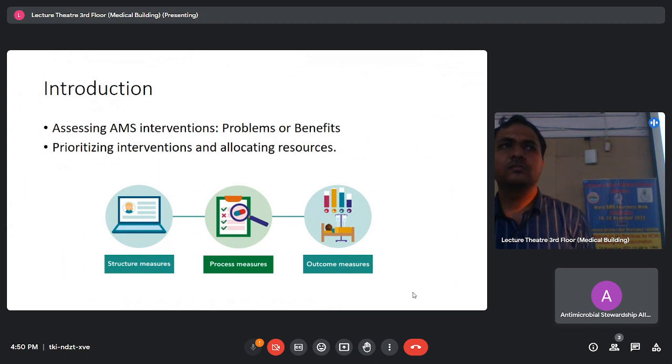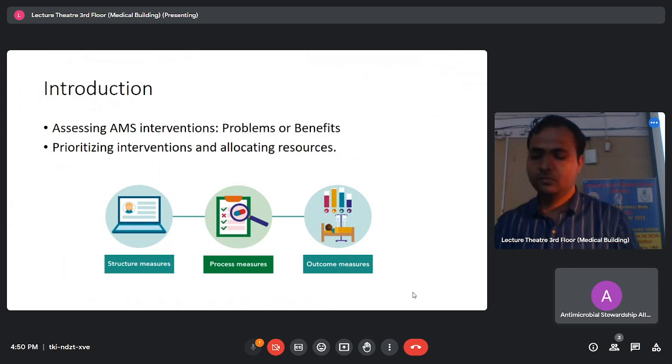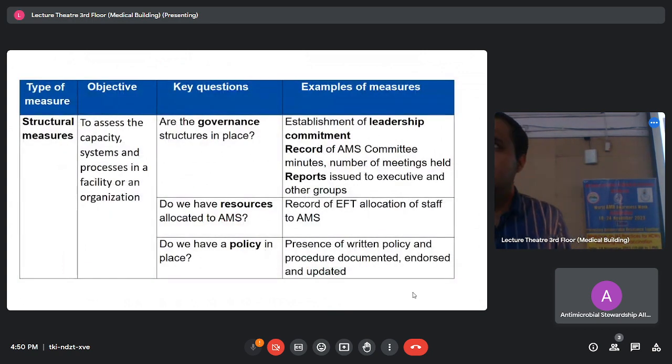Just now, focus on the MSP intervention, what actually you will do. As I said, the structural measures are basically to assess the capacity, what facility we have, and the organization. The key questions to introspect about, or how to measure the growth or development of the organization: are the governance structures in place?